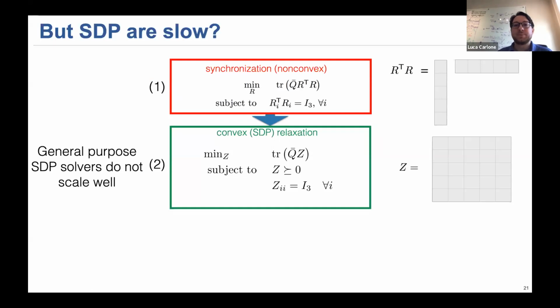So what I said in the first part of the talk is that we transformed the rotation synchronization problem into a convex semi-definite relaxation.